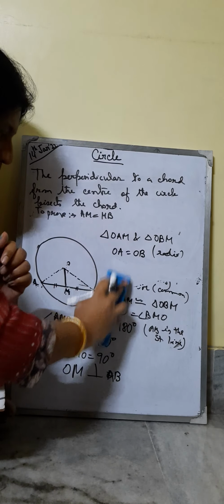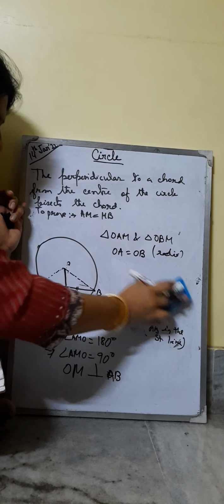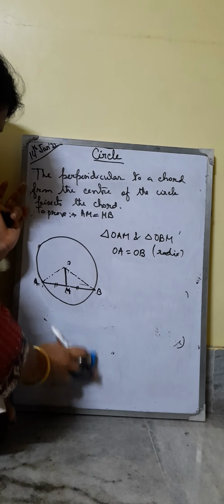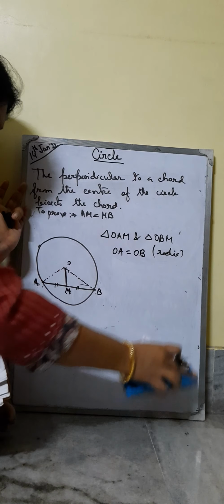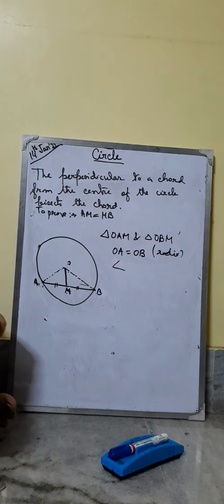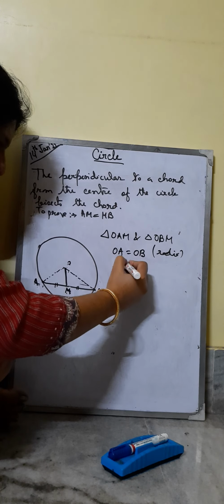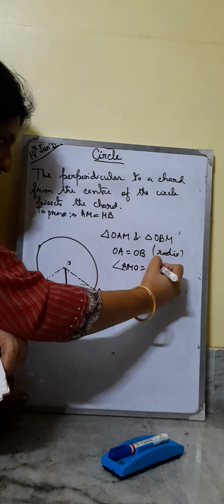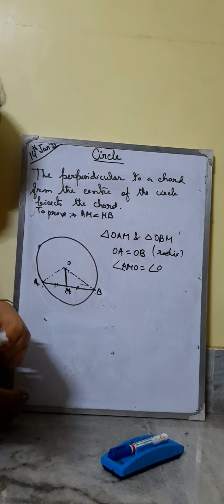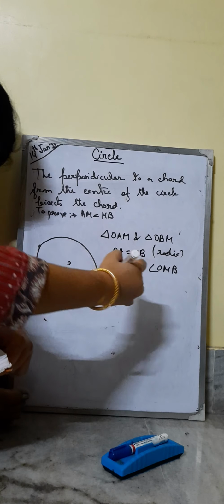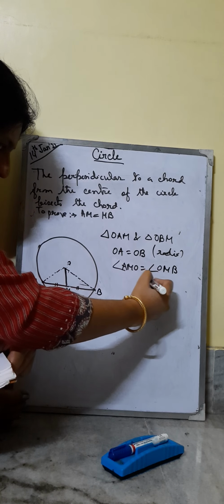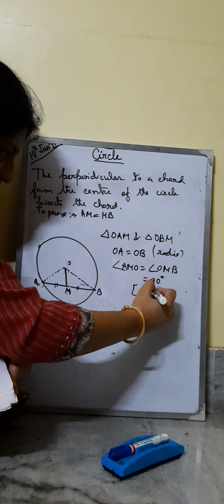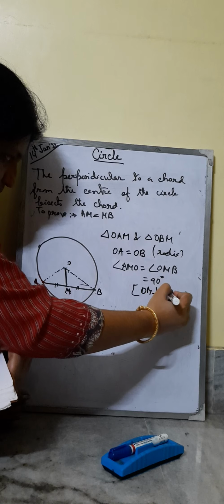So here you can write, it is already said that it is a perpendicular, so we can write angle AMO equals angle OMB equals 90 degrees because OM is perpendicular on AB, right?